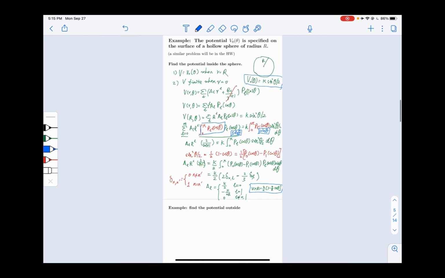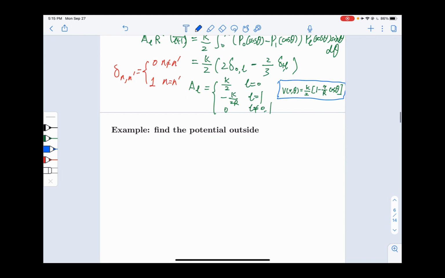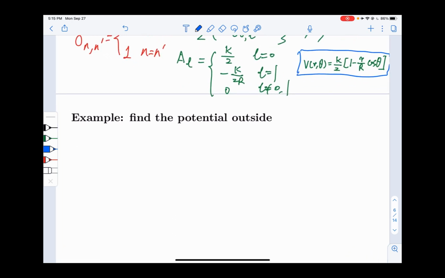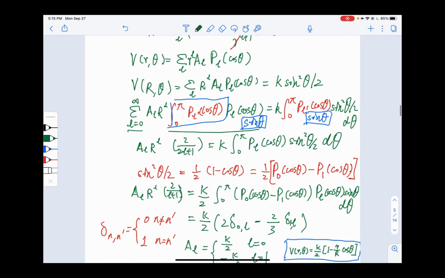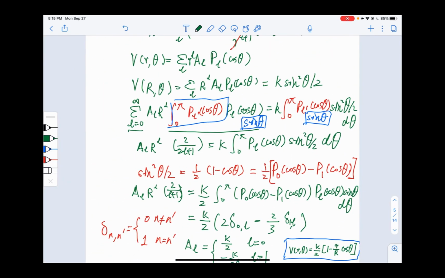So now here, let me try to copy this solution. Yeah, sorry, I think I was a bit sloppy when I was deriving this and adding this integral.